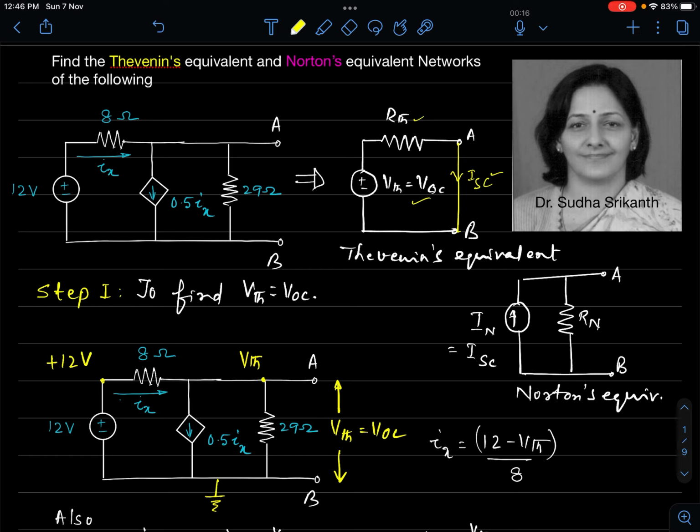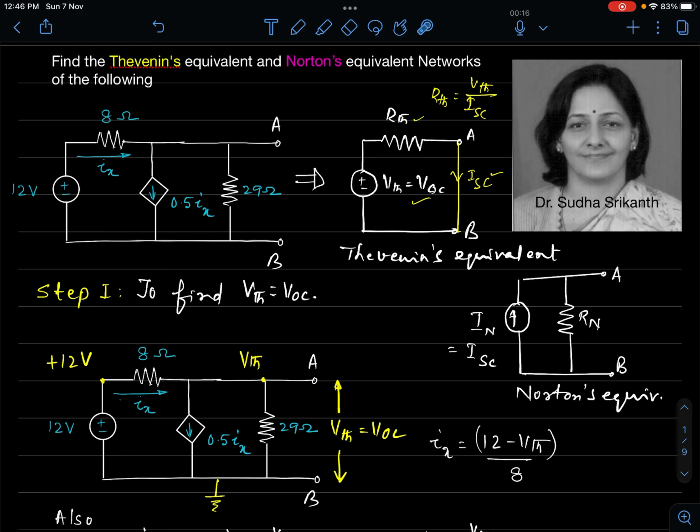So we can simply say that the Thevenin resistance RTH is given by VTH divided by ISC. Voltage divided by current is the resistance for this network.